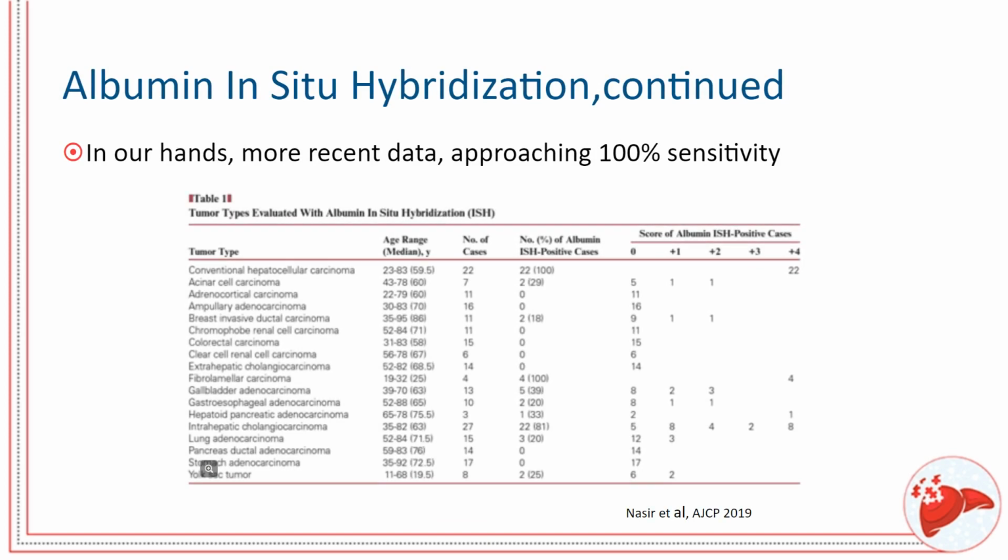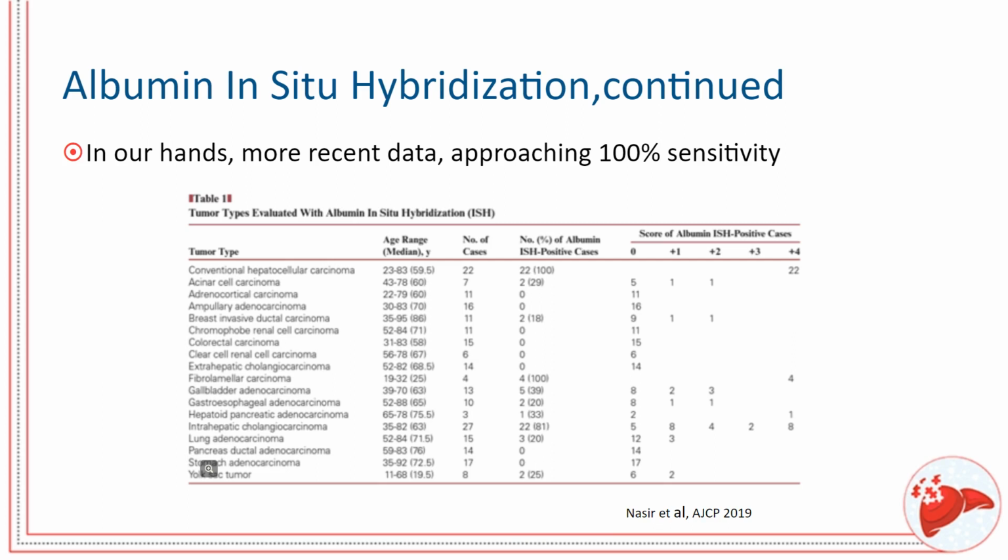When you look at the more modern platforms here in our practice, now you can see looking at 22 HCCs, albumin positive in 100% of them. And I would say in our hands, albumin is a very sensitive marker for hepatocellular carcinoma. And so I like it as the most sensitive of all of the markers.